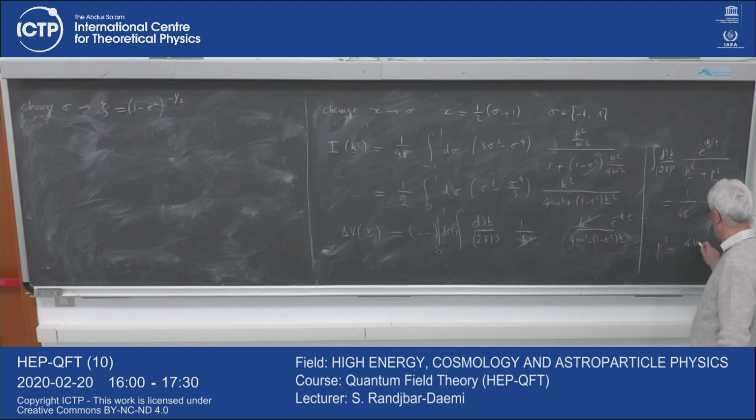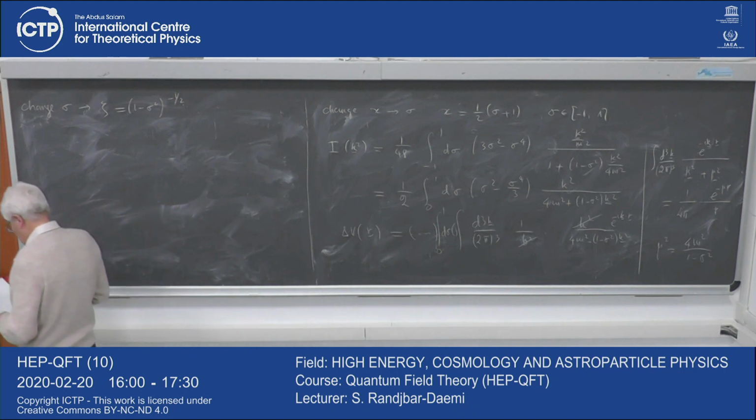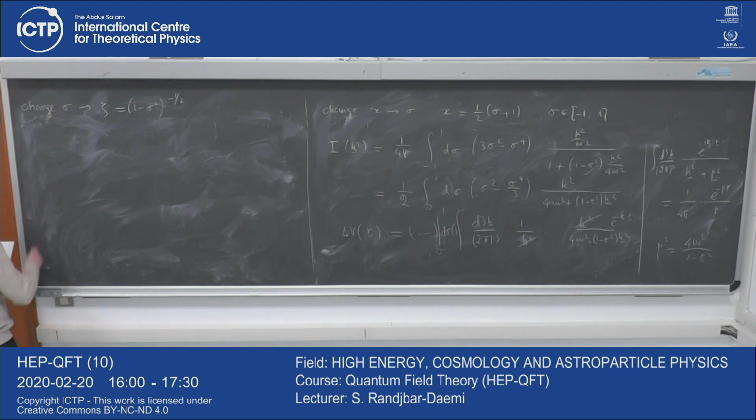Therefore, mu squared is 4m squared divided by 1 minus sigma squared. What you have here is mu. That's the square root of this. That's 2m divided by square root of 1 minus sigma squared, standing in the exponent. That's not very nice. So if you make that change of variable in the exponent, you will have instead 2m times zeta times r. Okay? It will look neater, but then the integrand will look a little bit complicated.